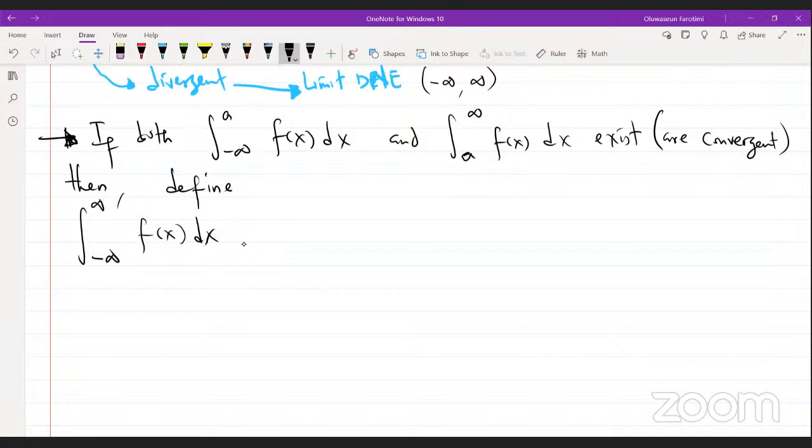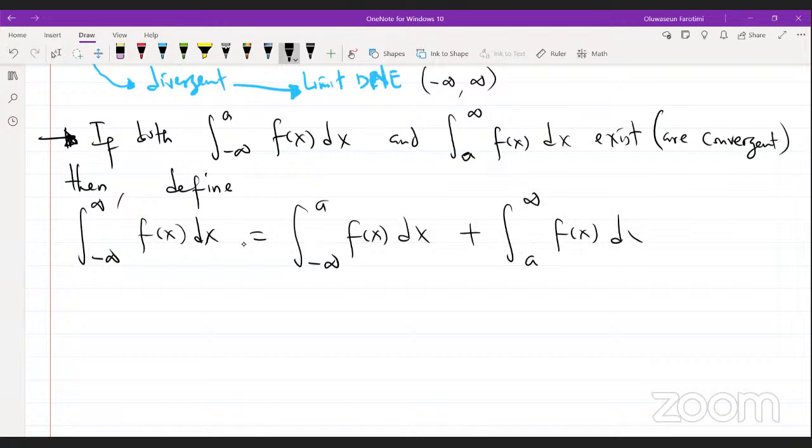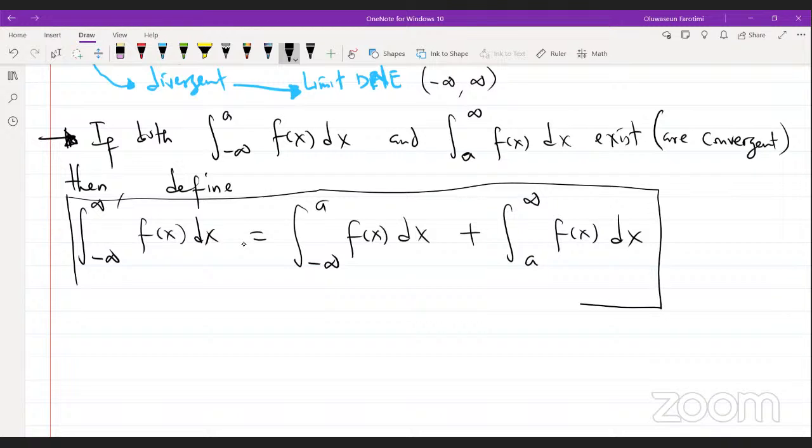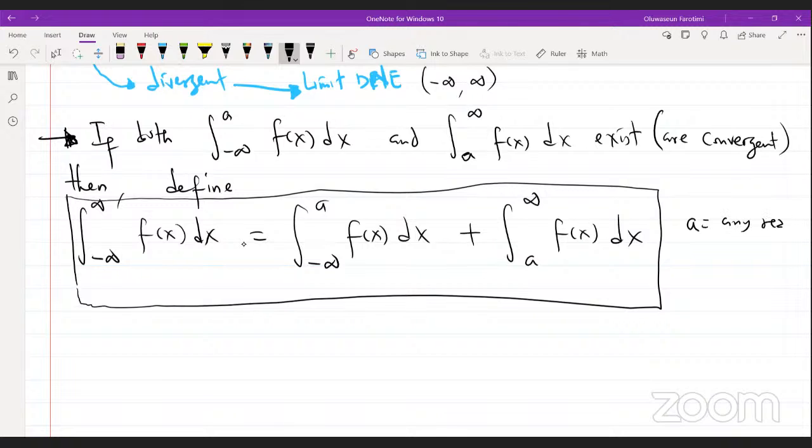I can split it into two, and then this is a to infinity of f of x dx. And a is a constant, any real number.